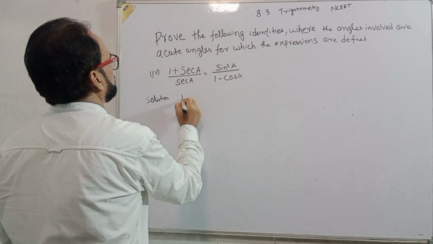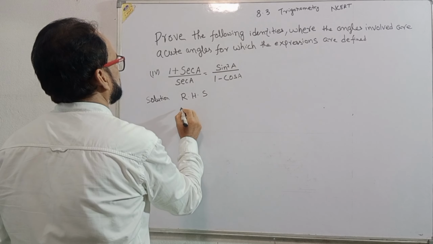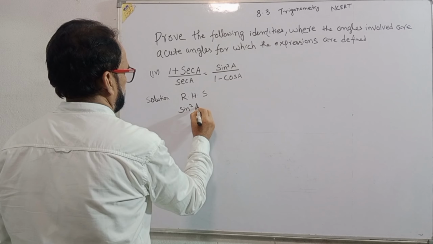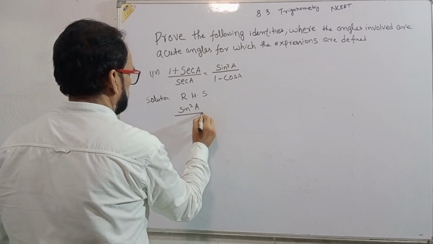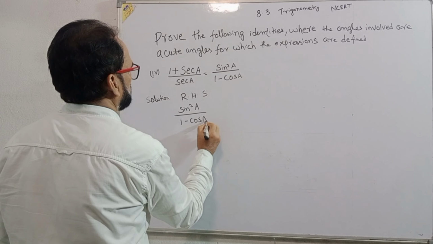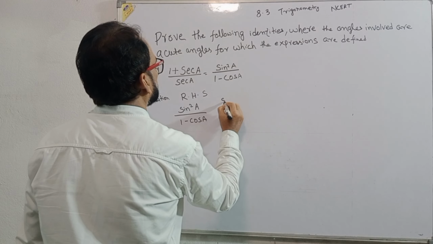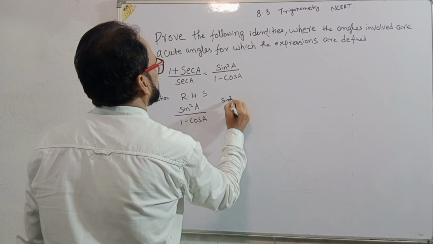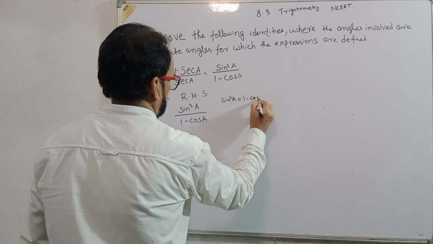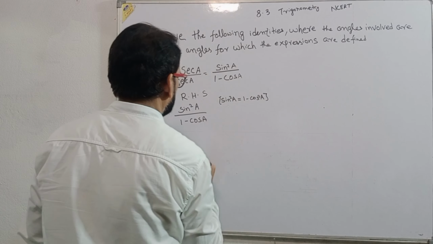We will take right hand side: sin square A divided by 1 minus cos A. Now sin square A equal to 1 minus cos square A. We know this one.